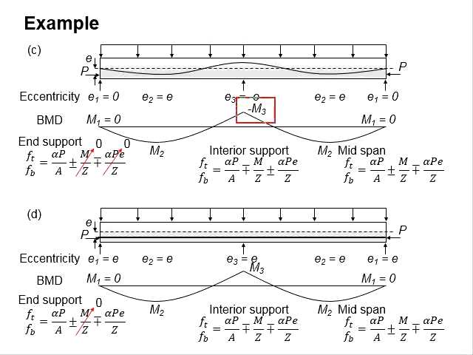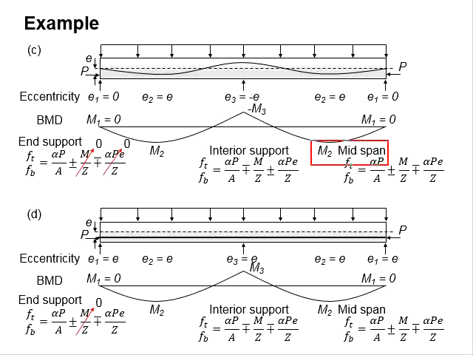Same goes to the negative moment at the interior support. At the end support here, as there is no eccentricity and moment, the stresses acting at the end support will be purely governed by the compressive stress.